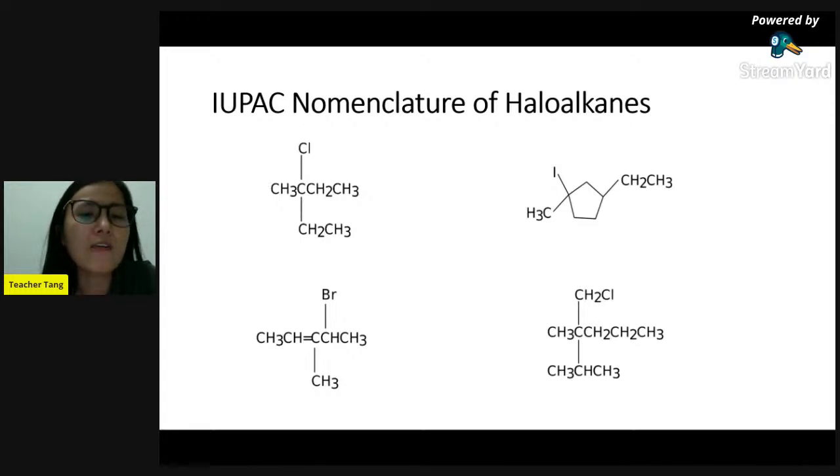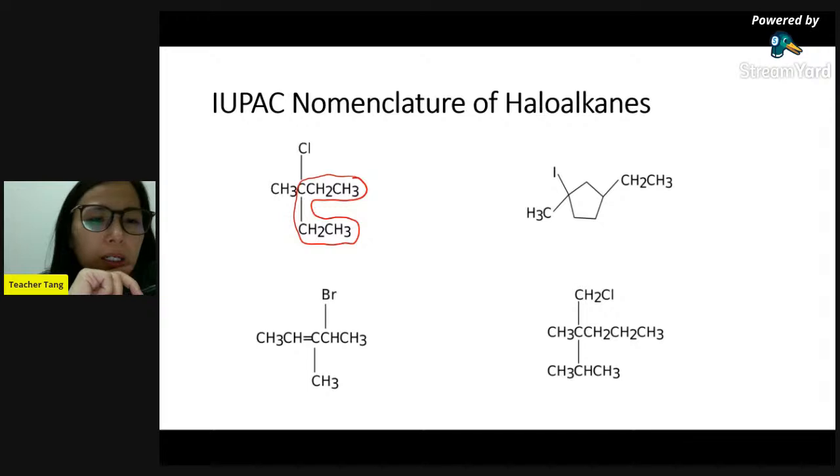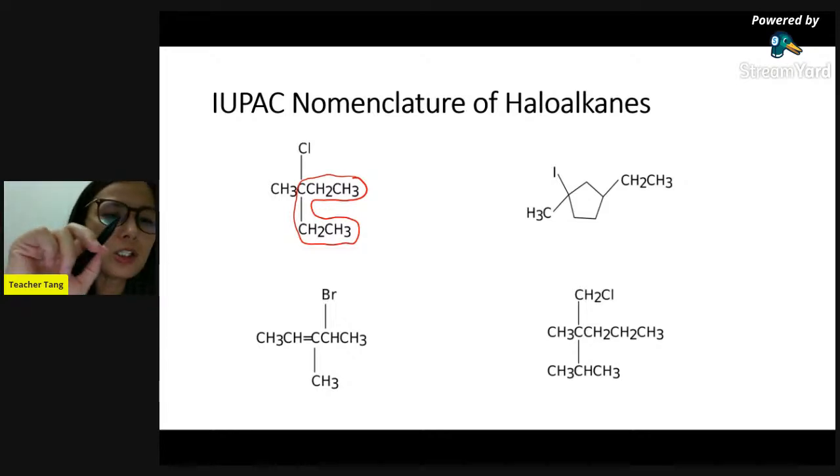Find the longest continuous carbon chain first. In the first compound here, where is your longest continuous carbon chain? Can you see? It's this. So how should we number the parent chain? Measure the first substituent at the lowest possible number. So it will be 1, 2, 3, 4, 5.